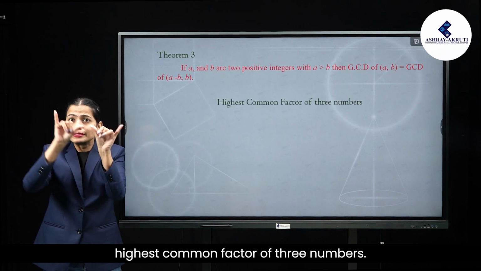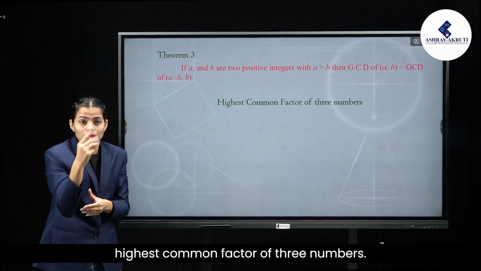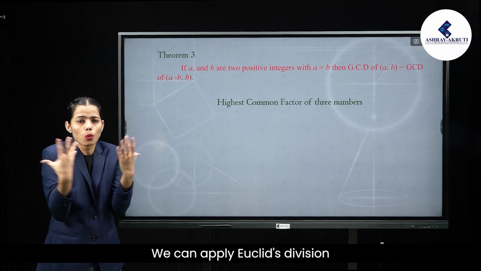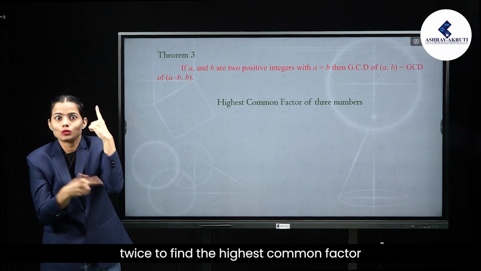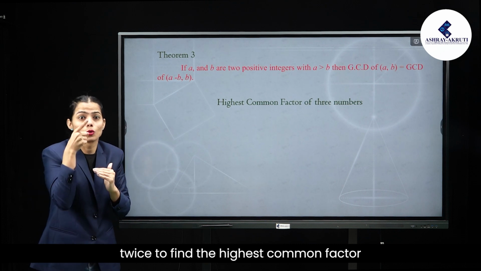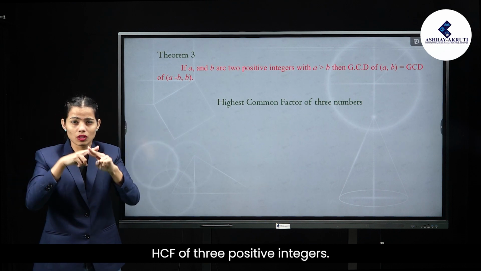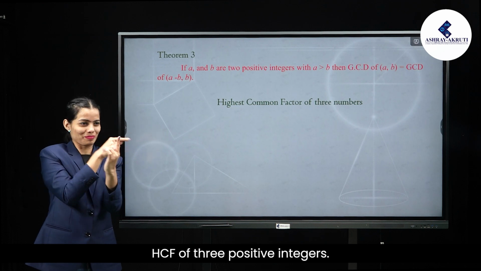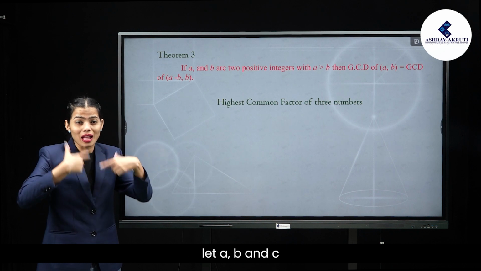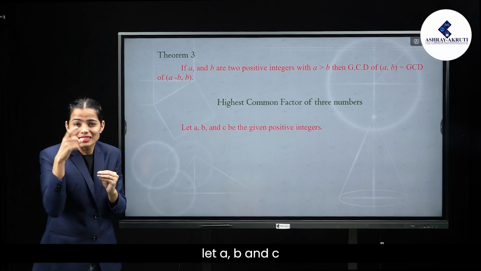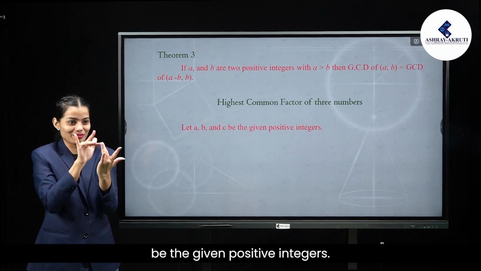Highest common factor of three numbers. We can apply Euclid's division algorithm twice to find the highest common factor, HCF, of three positive integers using the following procedure. Let A, B and C be the given positive integers.